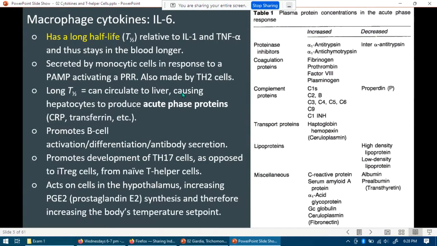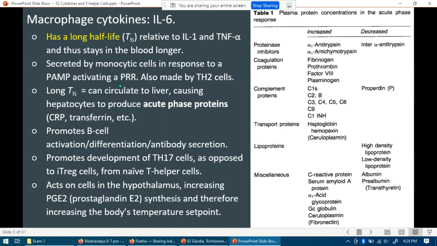Then we have IL-6. Interleukin-6 has a long half-life relative to IL-1 and TNF, and therefore it stays in the blood for a lot longer. We're talking multiple hours. IL-6 is secreted by monocytic cells in response to PAMPs activating PRRs.